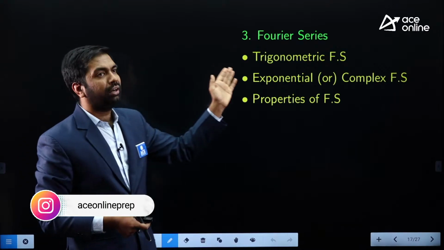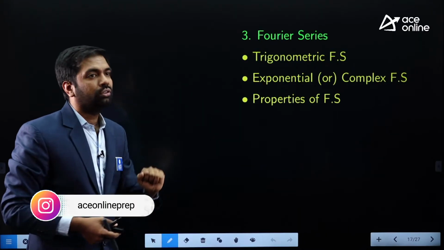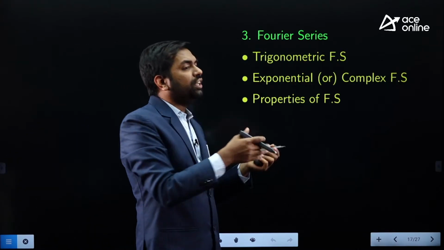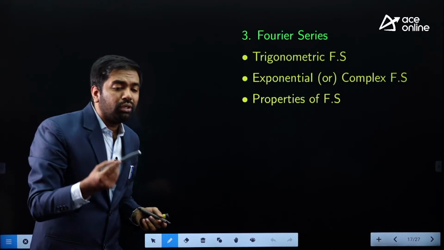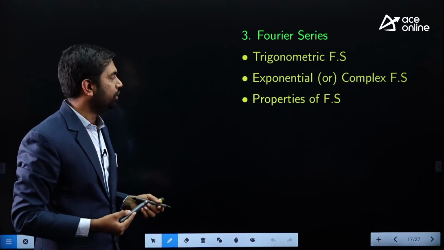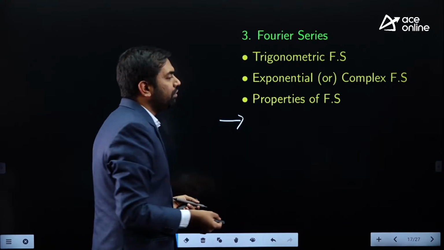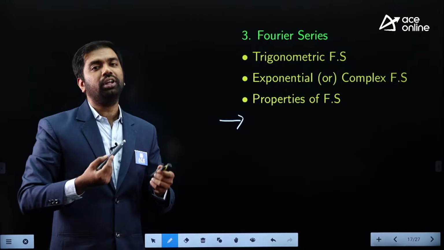So trigonometric Fourier series, complex exponential Fourier series, properties of Fourier series, and then the condition for existence of Fourier series, where you have to learn about Dirichlet conditions. The other important topic is, suppose I give you a periodic input to the system, how do you find the output response?